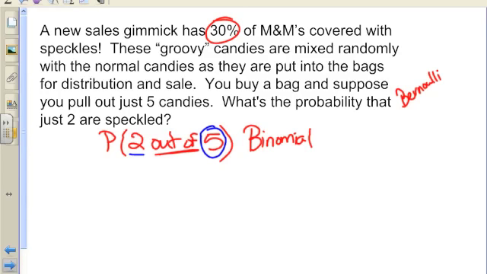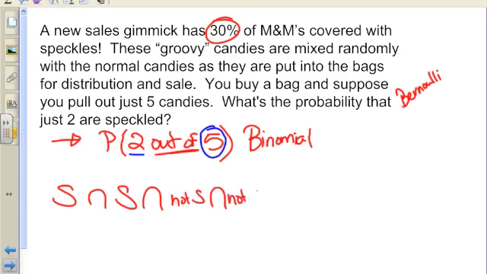So as we're thinking about this question, the probability of selecting 2 speckled M&Ms out of 5, some of you are probably going to think, well, let's do it this way: a speckled M&M and a speckled M&M, and one that's not speckled, and then one that's not speckled, and then one that's not speckled. All right, let's take just a moment and crank out a number for that.